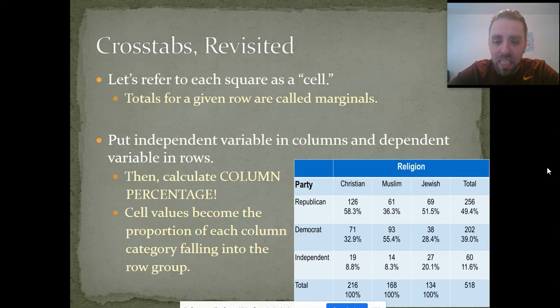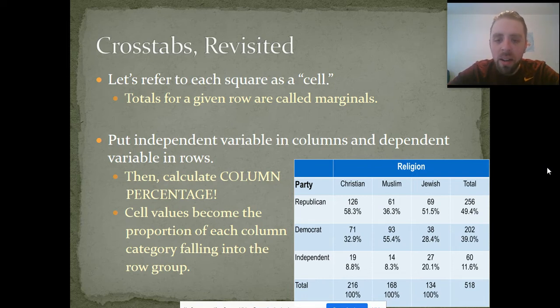variables. So let's look at the top left corner of this table here. I have in my columns religious affiliation, and I have in my rows my political preference.